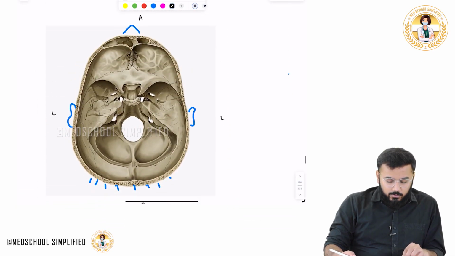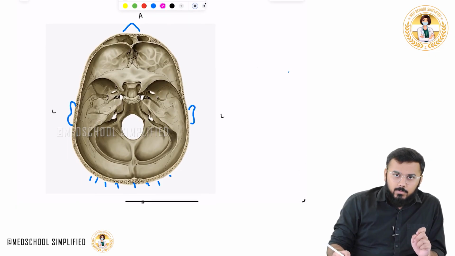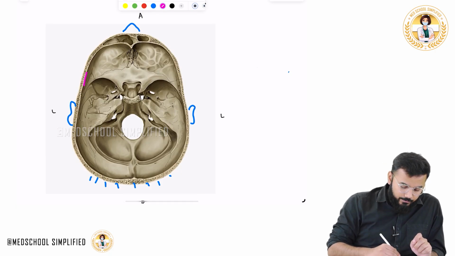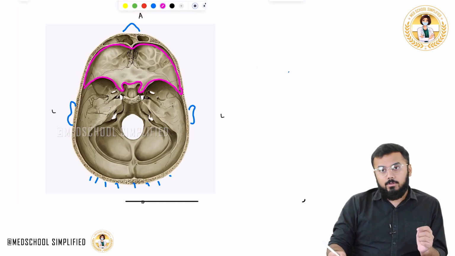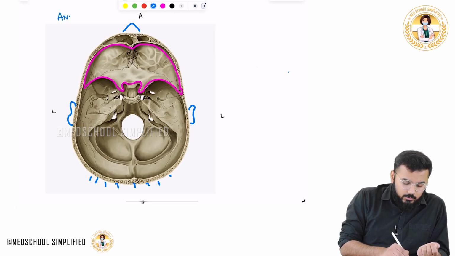Now first we shall mainly focus on the anterior cranial fossa. Before we focus on it, first of all let me draw the border. This border which I have drawn is the border of your anterior cranial fossa.